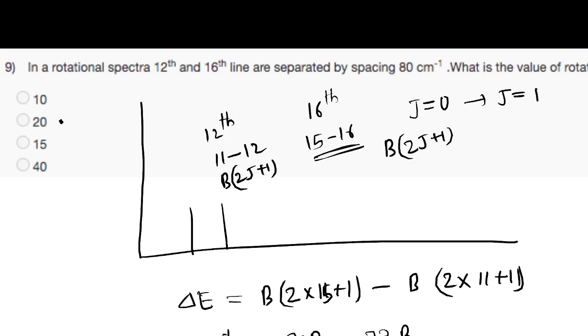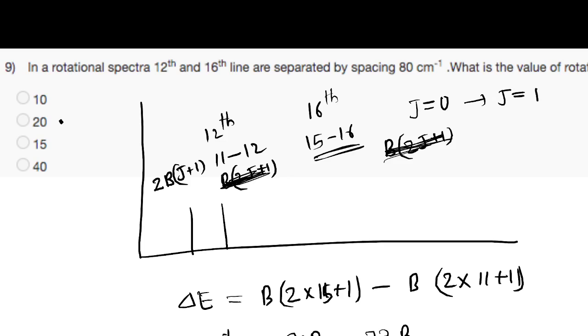Oh, sorry. I wrote the expression wrong. It's 2b(j plus 1), and this is also 2b(j plus 1).